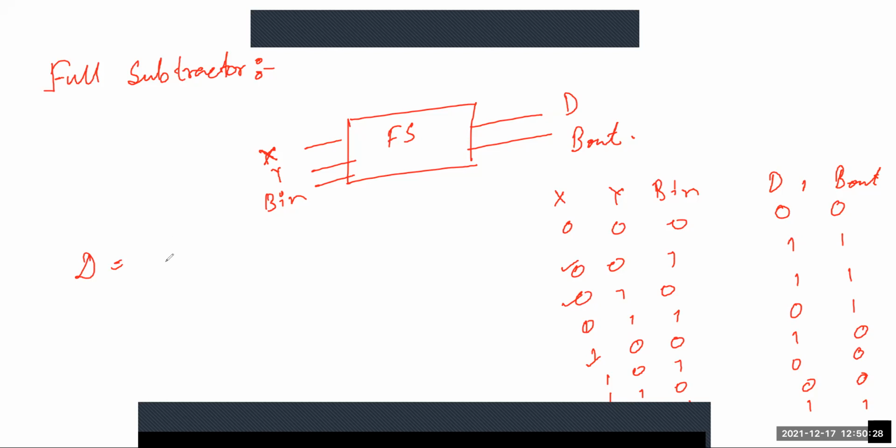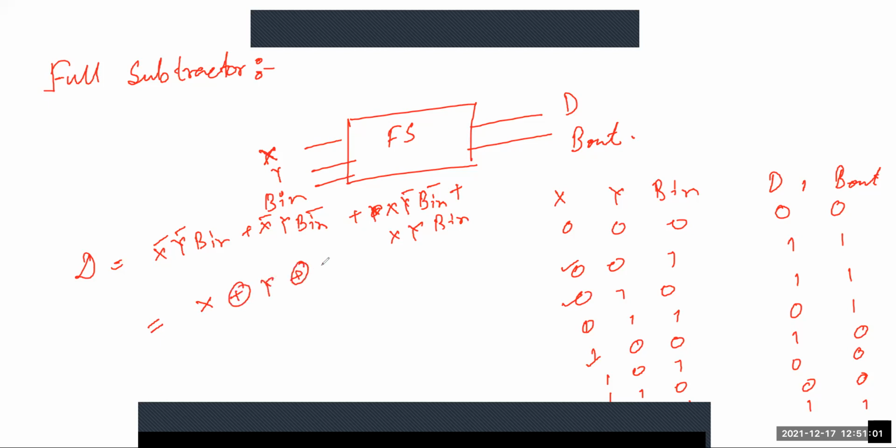From this we can write X bar Y bar B in plus X bar Y B in bar plus X Y bar B in bar plus X Y B in. The time is very less, that's why I am writing here the final expression, that is X XOR Y XOR B in. You will get this expression after simplification.